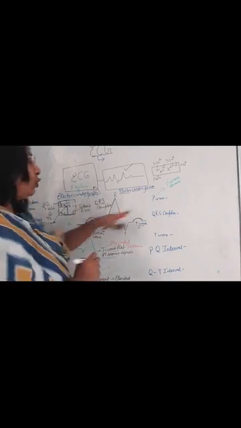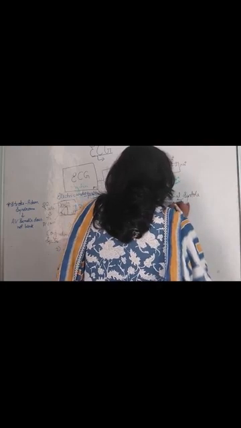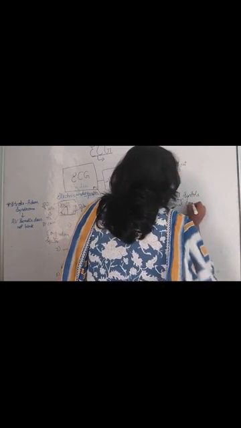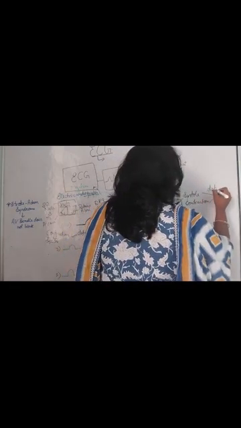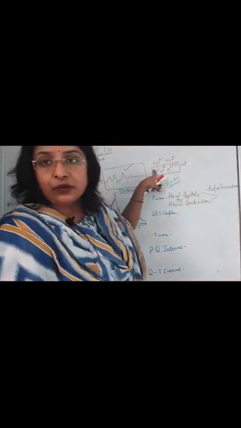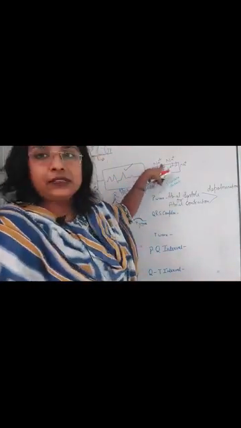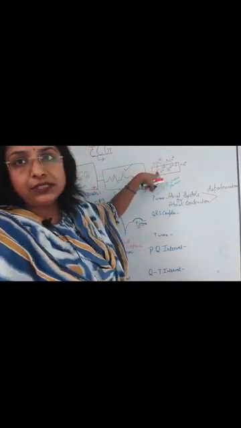So the P wave represents atrial systole, or atrial contraction, due to depolarization. This depolarization occurs due to the extracellular ions, means Na plus ions enter into the muscle cells, which depolarize the muscles.